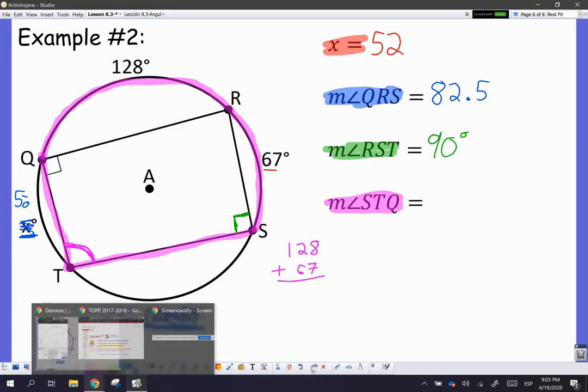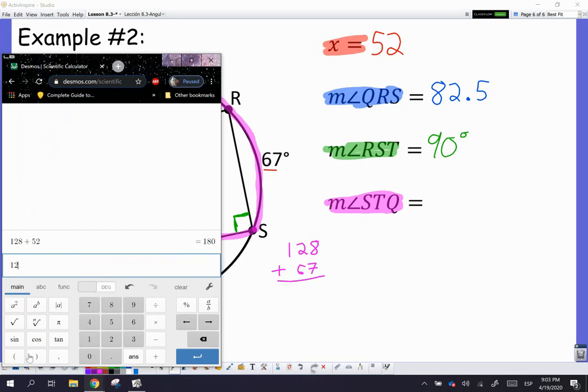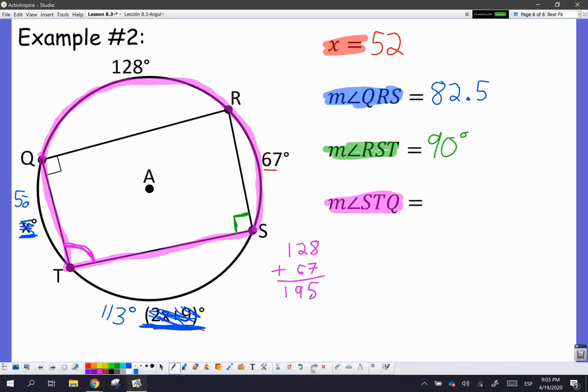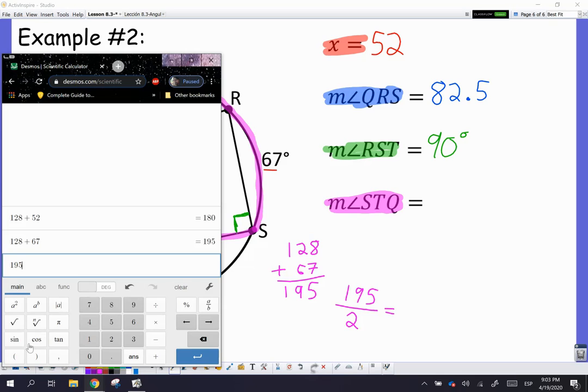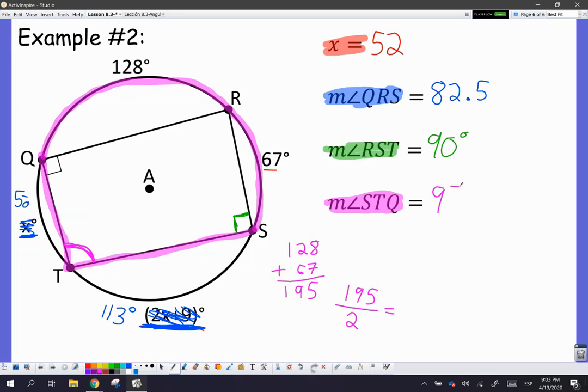So these two added together is 195. Again, that's the measure of the arc, but to find the measure of the inscribed angle, I need to divide that by 2. So I get 97.5 degrees. And there we go.